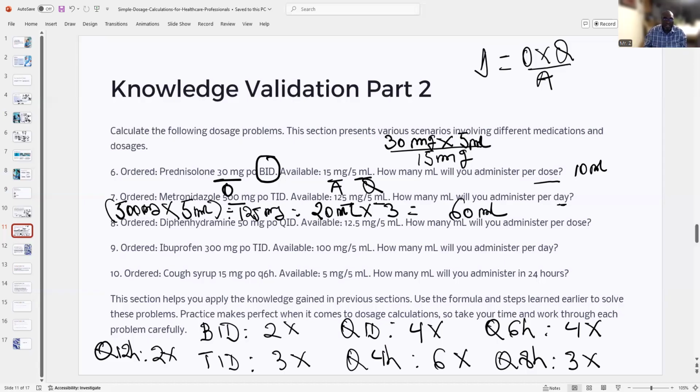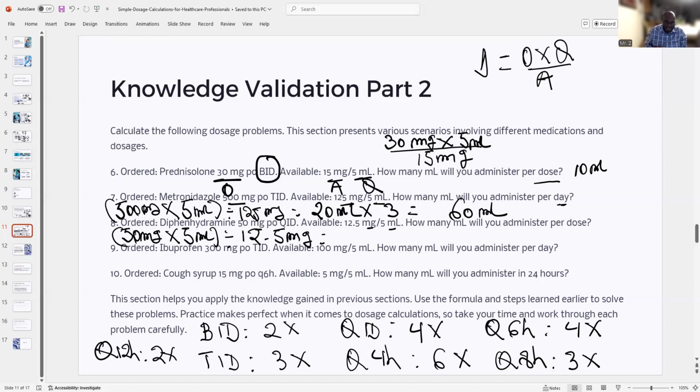All right, let's look at number 8. Always milligram match, that is your quantity. So you're going to do 50 milligram, that is your order, multiply by quantity, which is 5 milliliter, divide that by available, which is 12.5 milligram.